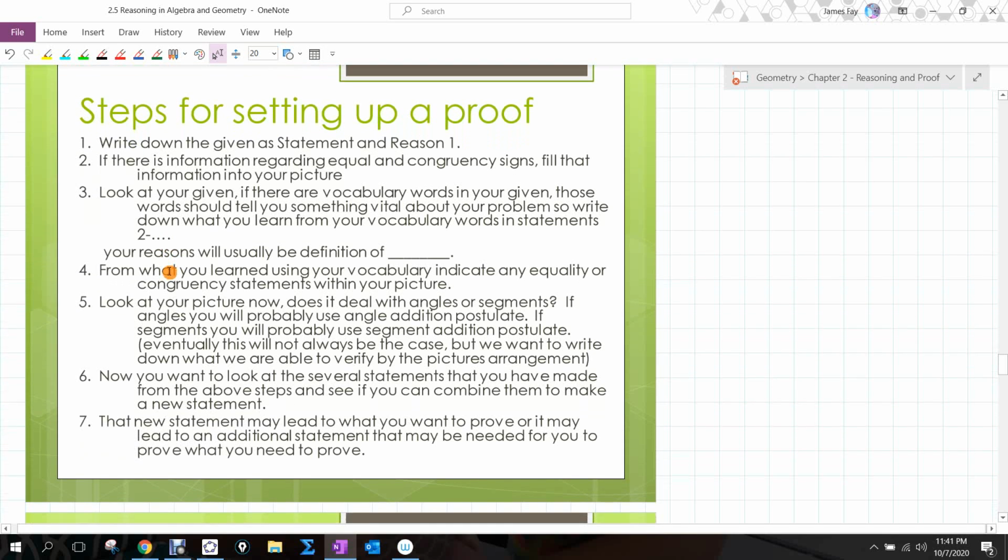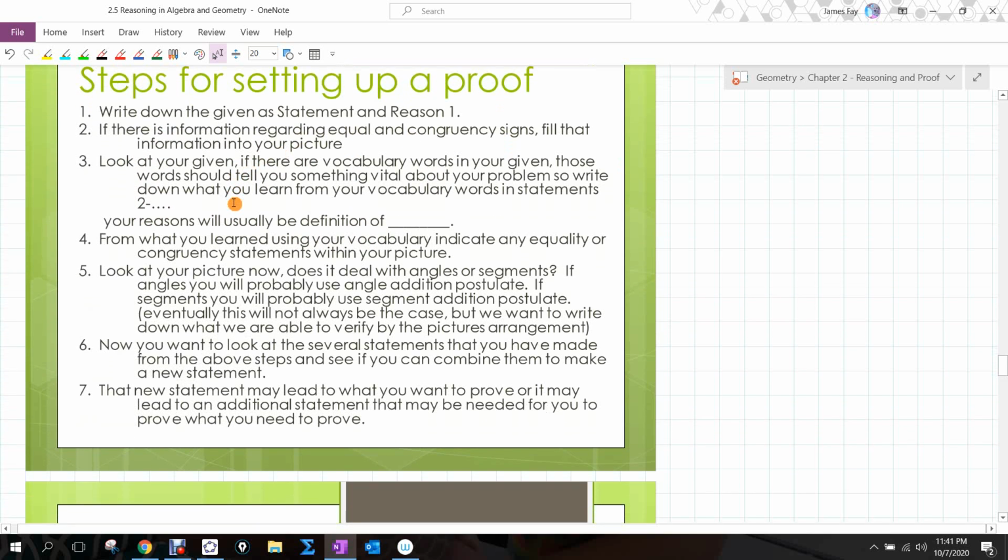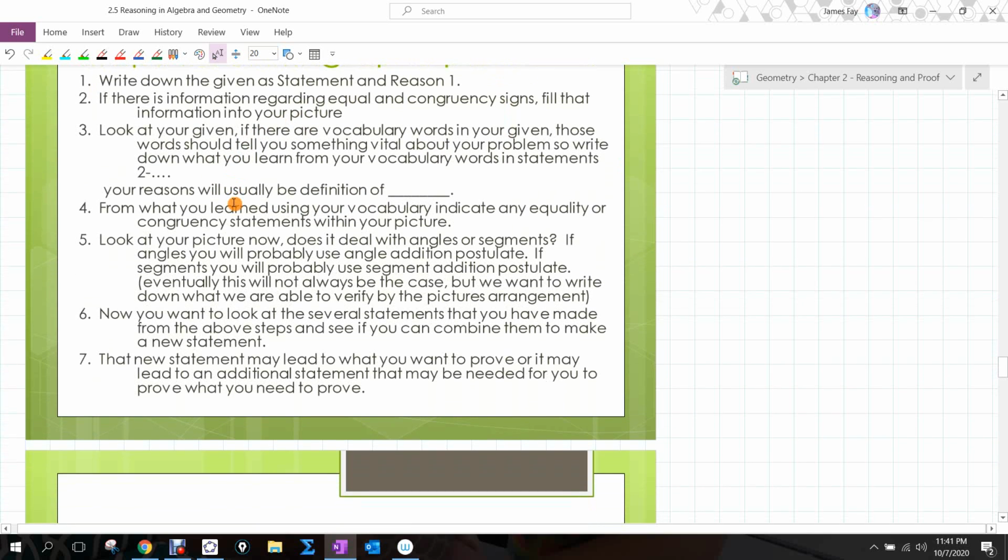Okay. Step 4 says, from what you learned using your vocabulary, indicate any equality or congruency statements within your picture. So that's repeating step 2 essentially with the vocabulary that we just came up with. So if I show that 2 segments were congruent or 2 angles were congruent based off of definition, I'm going to go to my picture and draw that in. Step 5 says look at your picture, and this is going to be early on. The further we get into the text, the more things we can add to this.